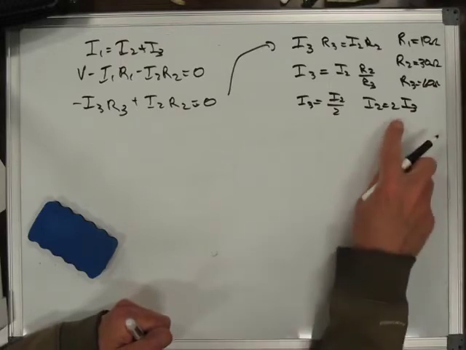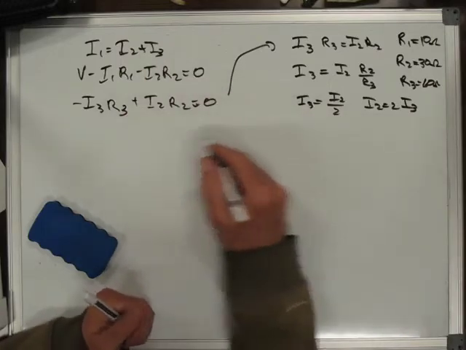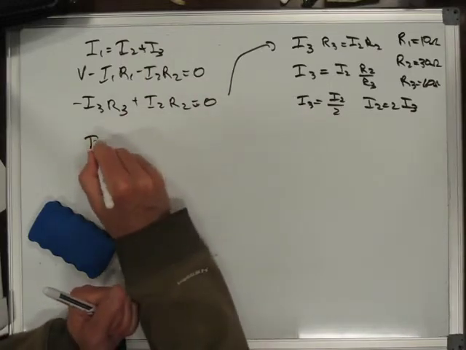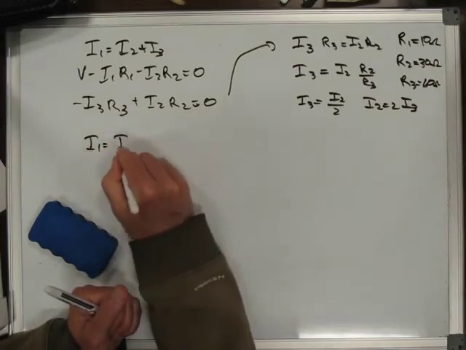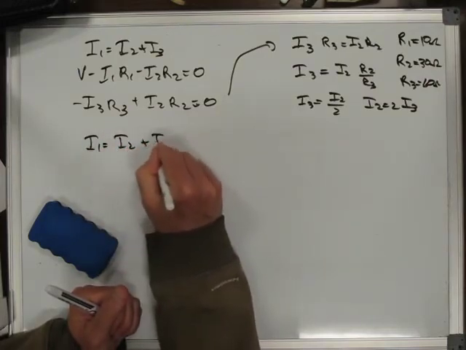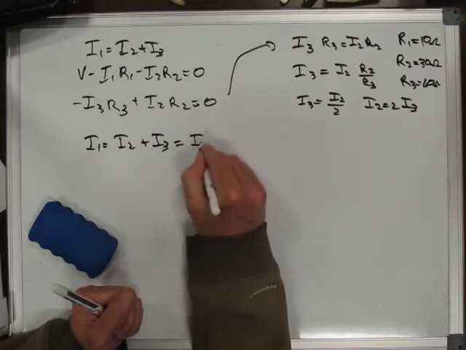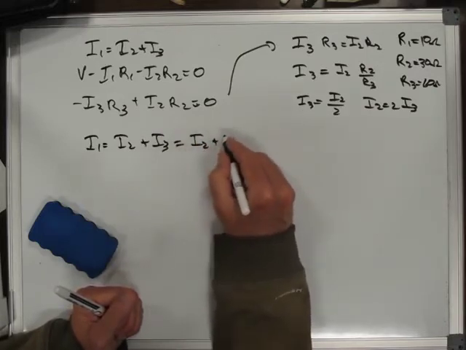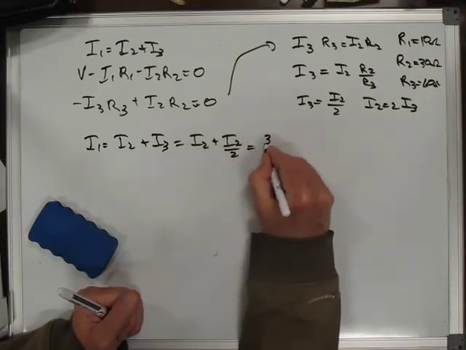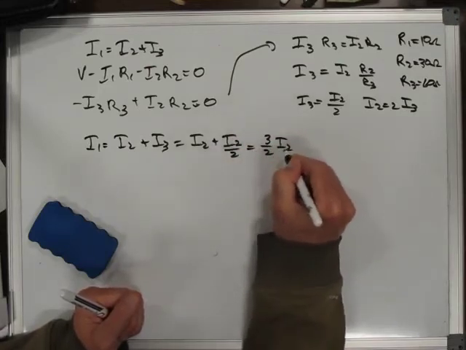And so now if I want, I can substitute into this one. I1 equals I2 plus I3, which is equal to I2 plus I2 over 2, which is equal to 3/2 I2.